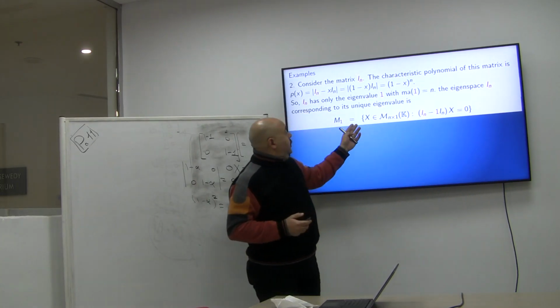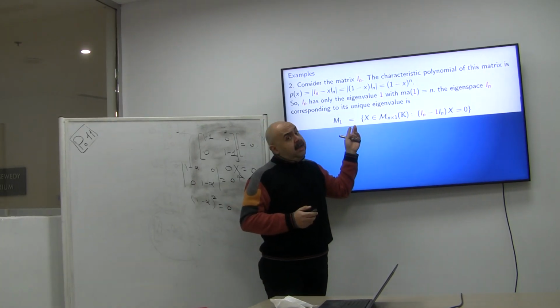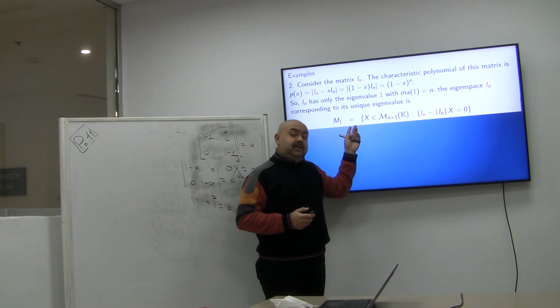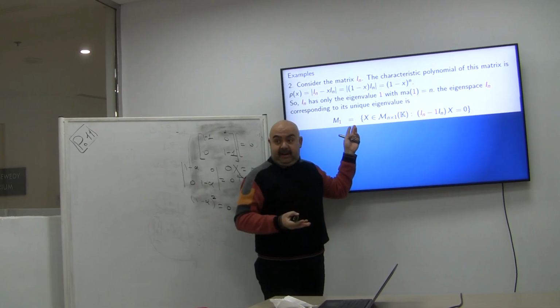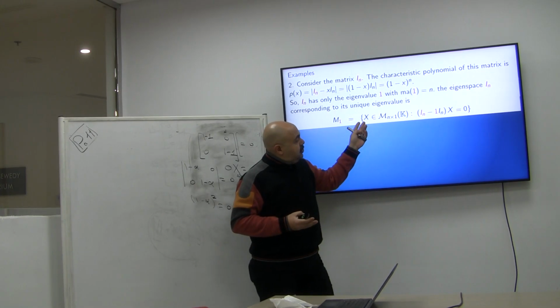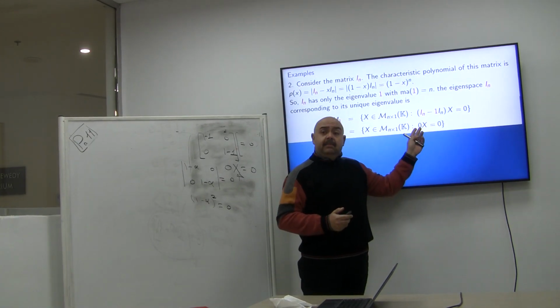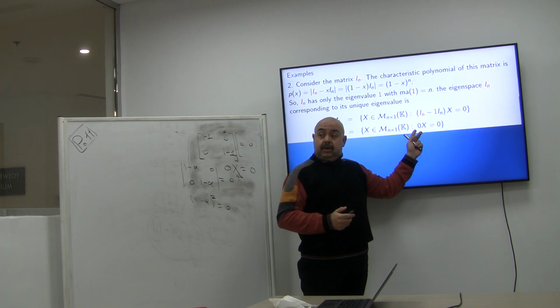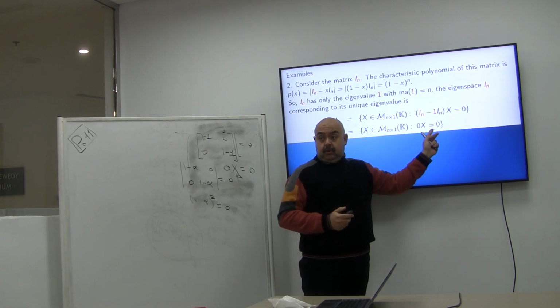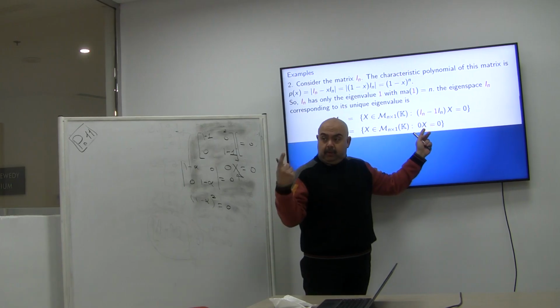If I try to find the set of eigenvectors corresponding to this eigenvalue, I will end up solving the system. Once you try to solve this system, you will end up having 0 times the eigenvectors equal 0, corresponding to the eigenvalue equal 1.